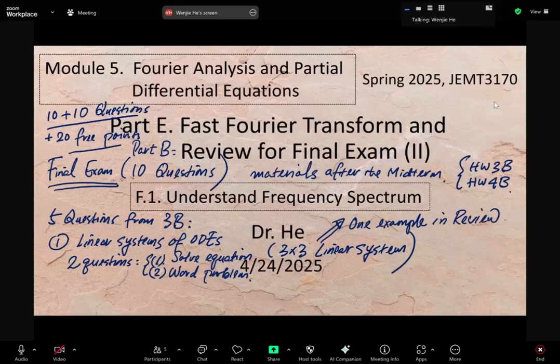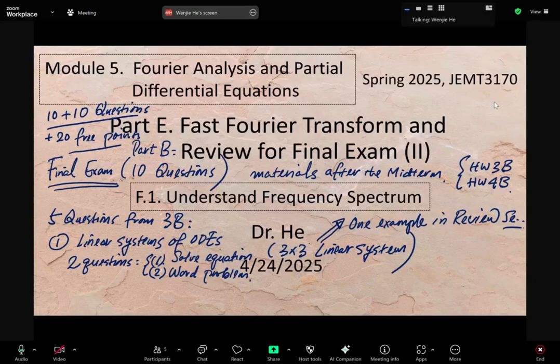Not hard. You solve the characteristic equation, get 3 eigenvalues, then find the 3 eigenvectors, and then you write the solution. So that's the 2 questions.